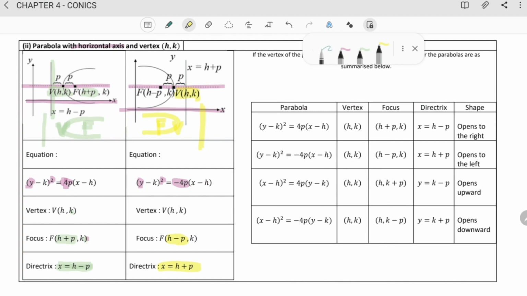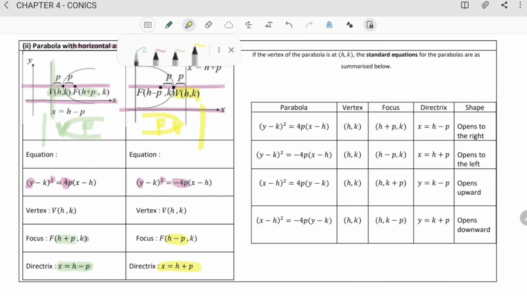Now we come to the summary. For y squared, this is open to the right, this is open to the left, which becomes negative.